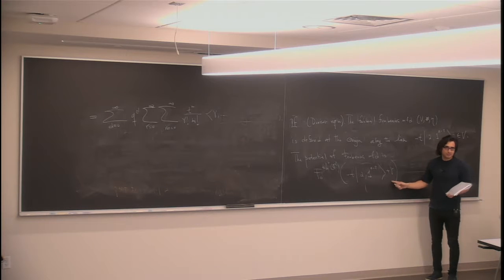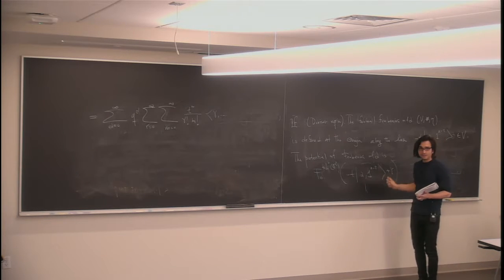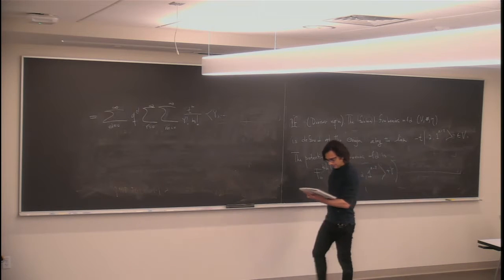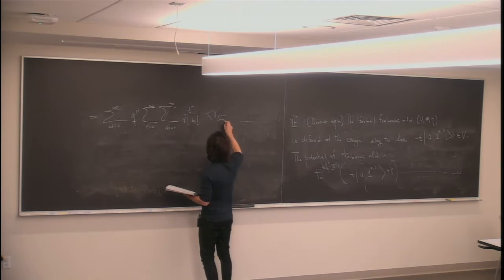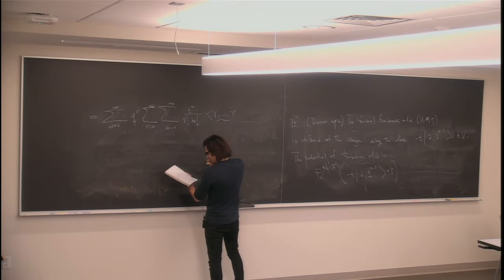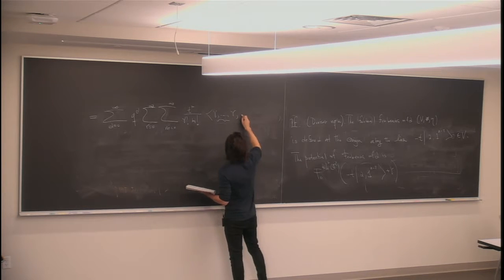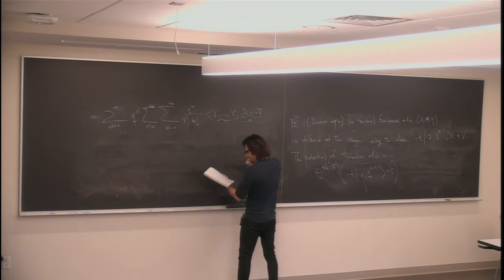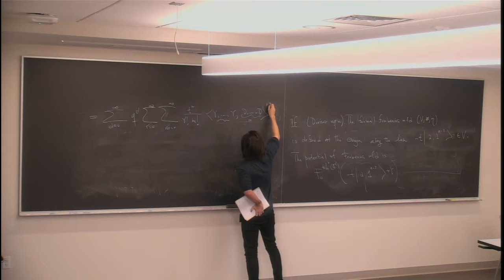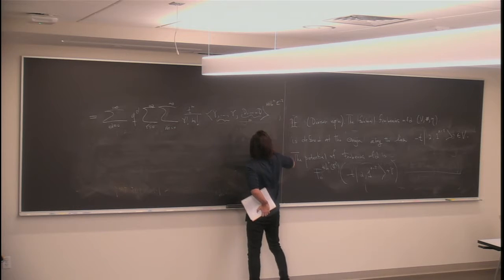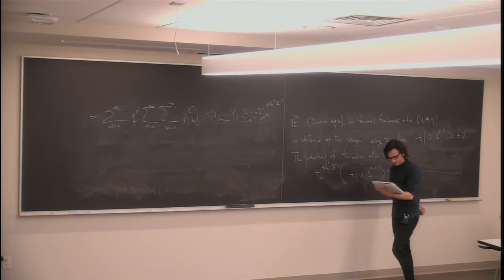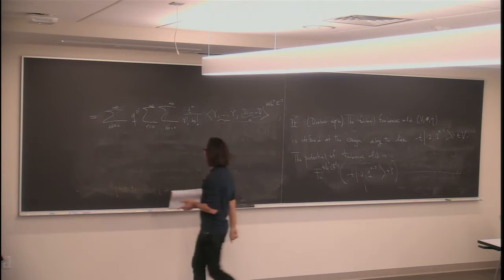That is equal to the sum over d from 0 to infinity of q to the d, sum over r from 0 to infinity, sum over m from 0 to infinity, t to the m over r factorial m factorial, of gamma. This is what the notation means. I have some gamma class in here, and I add this vector, which is some multiple of the divisor by t. This is the tautological divisor of the Hilbert scheme. I put r many of these gammas in here, and m many of these in here, and I look at this partition function.